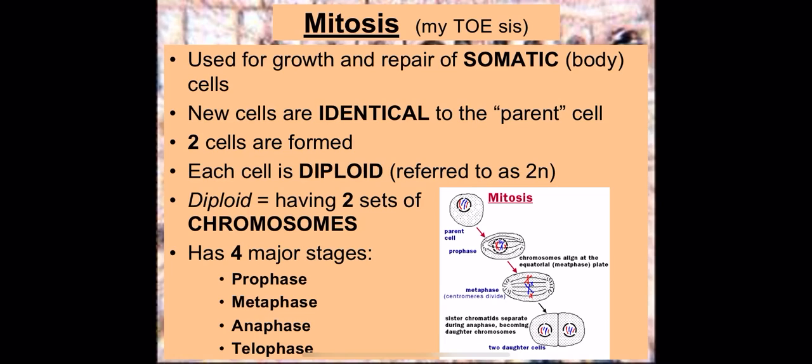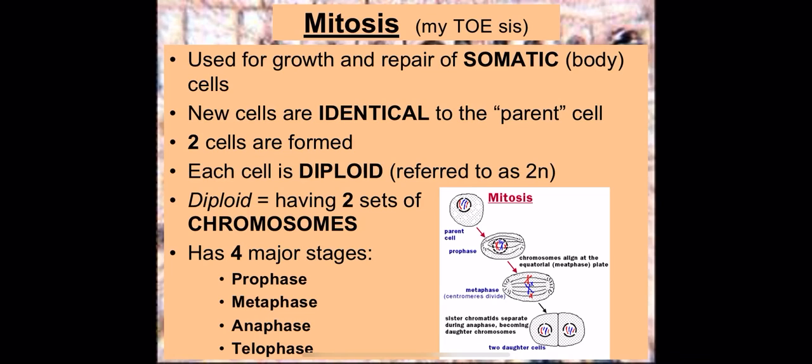We're talking every single cell in your body undergoes mitosis in order for reproduction and replacement, with the exception of sex cells, so sperm and egg. Those are called gametes. So your somatic cells, your body cells, they all use this. The cells that you create through mitosis are going to be identical to the parent. There's something that we call diploid. You'll see this referred to as the number 2 and the letter N, so 2N.